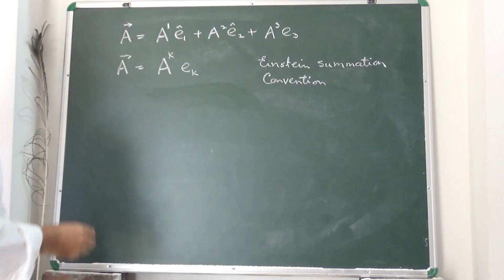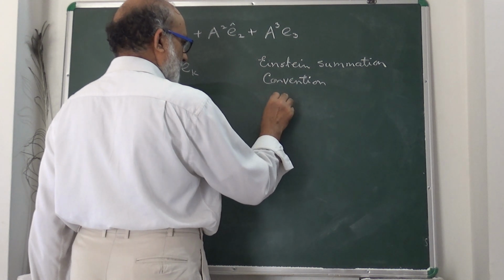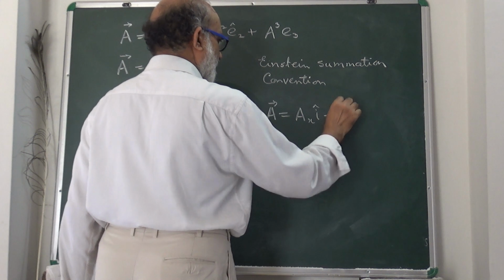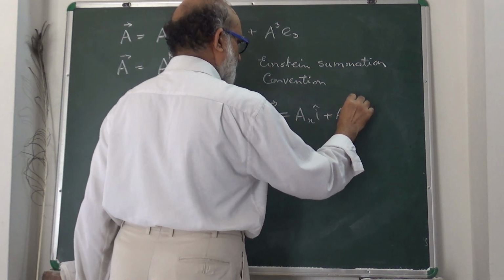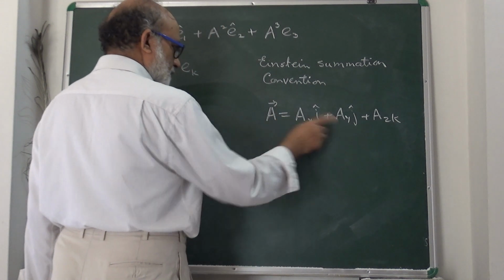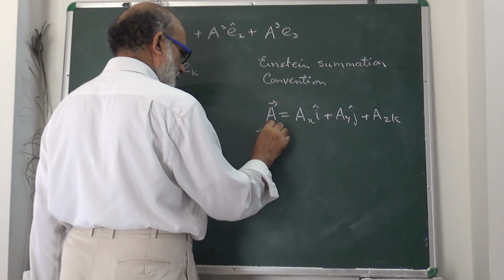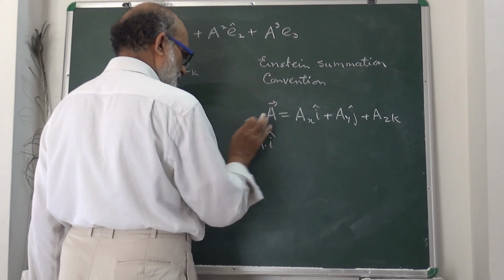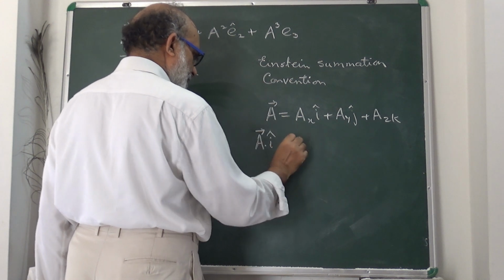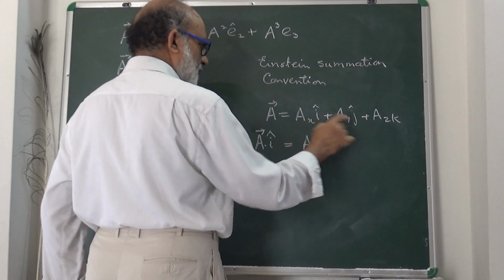Now if you multiply, as we have seen in the rectangular coordinate system, A equals AX I plus AY J plus AZ K. If you multiply A dot I, you will get AX, since I dot I is one.